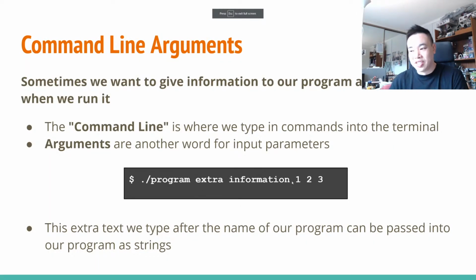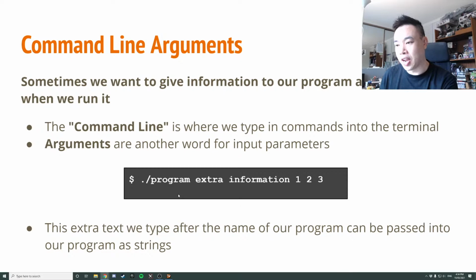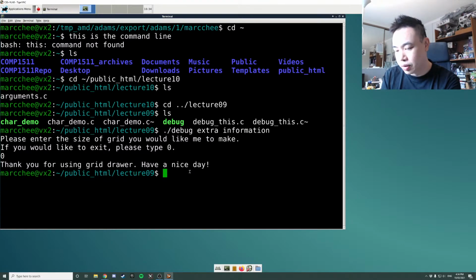So this is exactly what I was typing in here, ./program extra information. So this is the command line, and this is the stuff that we could type in. And you note that, even though my program wasn't set up to take this extra information, it wasn't complaining that it existed. Because C kind of knows that chances are you're going to type in other stuff after the program name. And for example, I could do this.